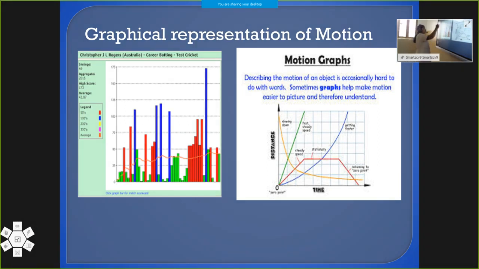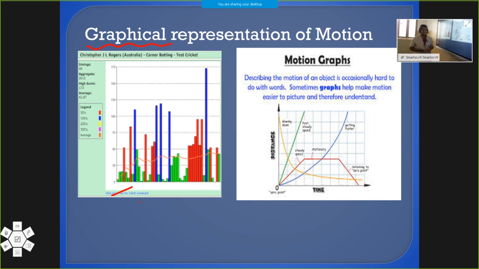Graphical representation of motion. You have seen so many graphs in maths. You are familiar with graphs in mathematics, right? So graphs have so many applications. Here in this picture you can see a graph. Where have you seen bar graphs? Around us, during the telecast of cricket matches, you have seen this bar graph.